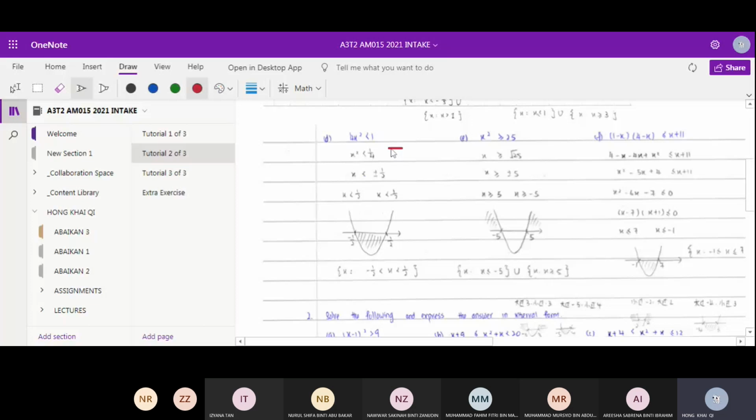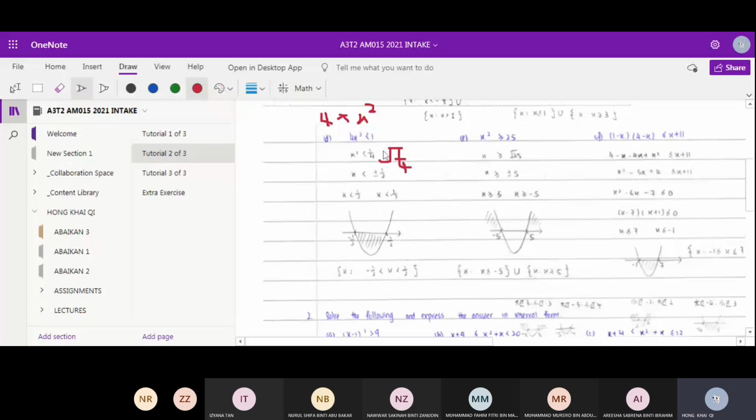Square root of 1 over 4 becomes... How does it become 1/4? Because here is 4 times x square, that will become 4x square. So we need to move the 4 from the left hand side to the right hand side. 4 multiplication becomes division, so we get 1 over 4. 1 divided by 4, so it's 1 over 4.